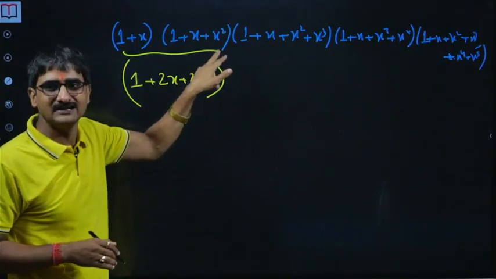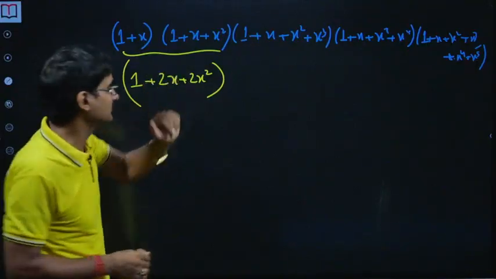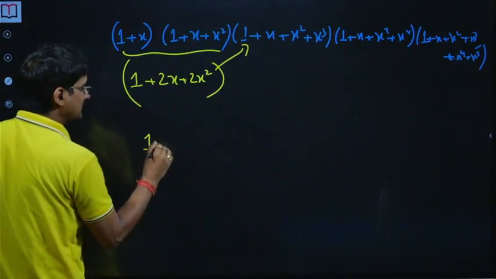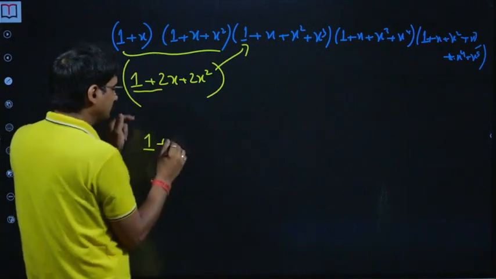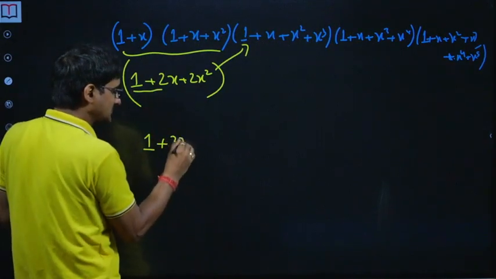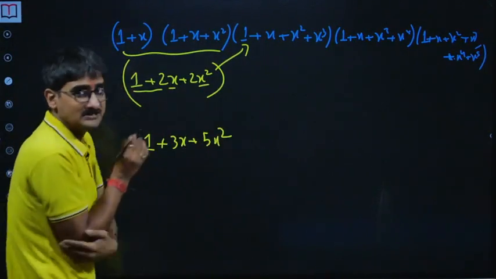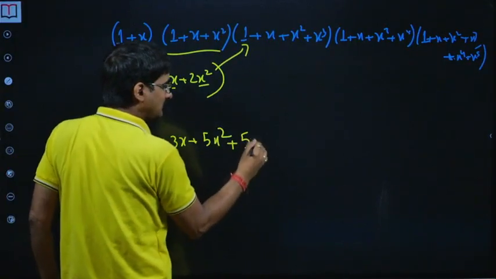Because till second line, if in total I take 3 steps, I will cross the diagonal. So now I will multiply it with this, and I'm writing it directly. Now there's a very clear cut pattern, so you go on adding the terms. So 1 plus 2 is 3x, plus 2 is 5x square, and see, the second last and largest degree term have the same coefficient, 5x cube.